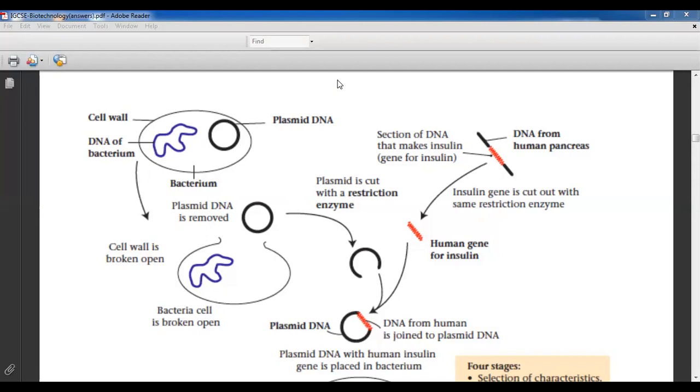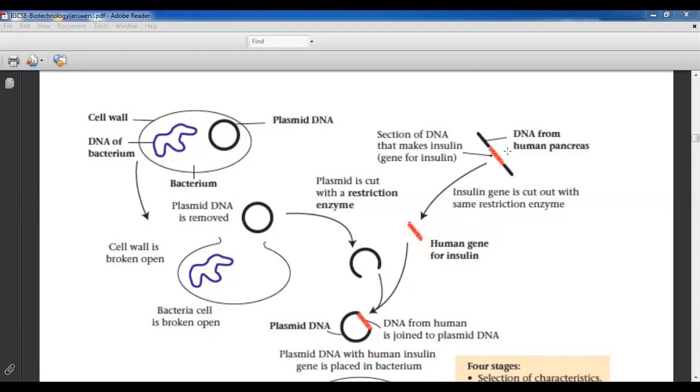So now I am going to insert my gene of interest, that is insulin, into bacteria, and in the end the bacteria will express that gene of interest.